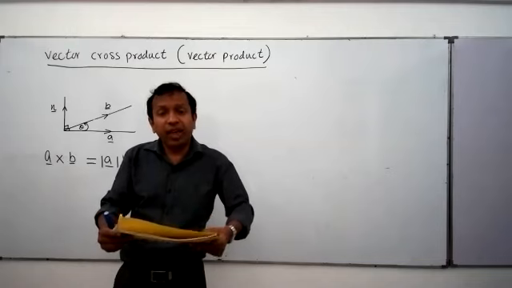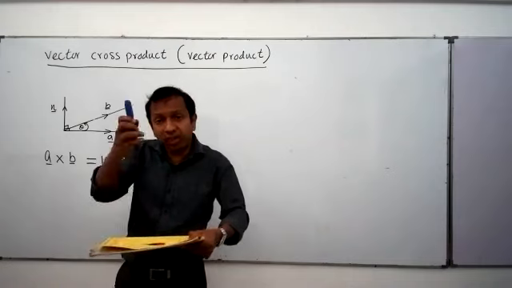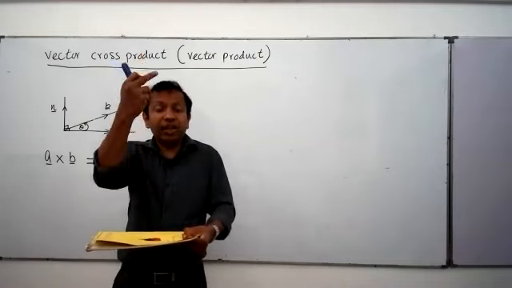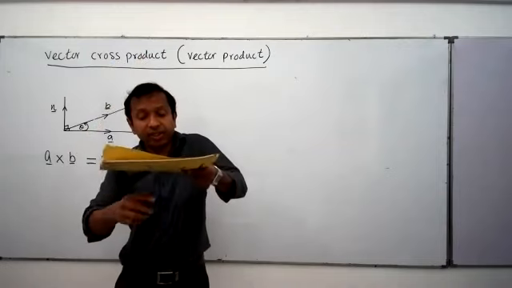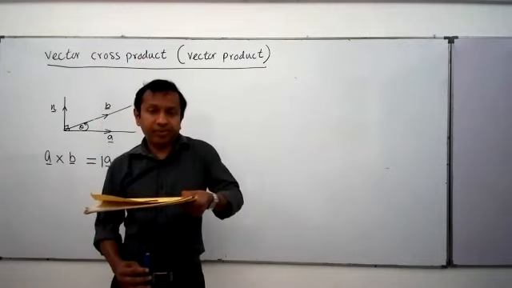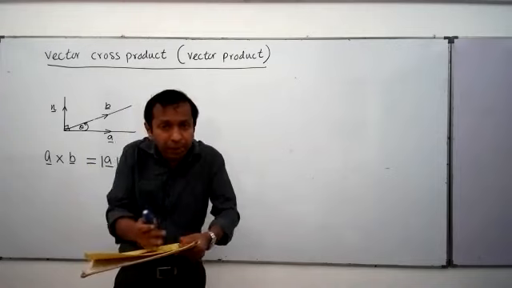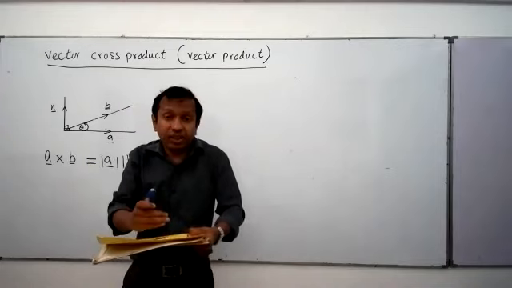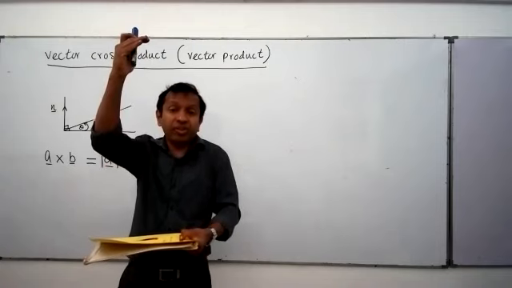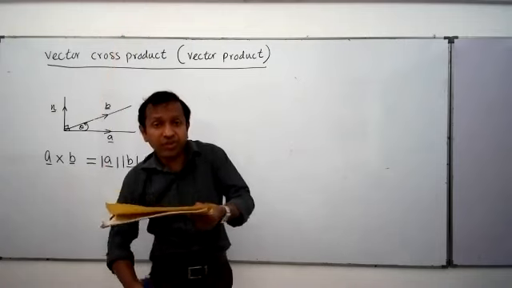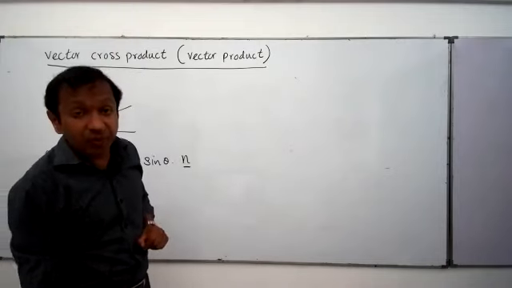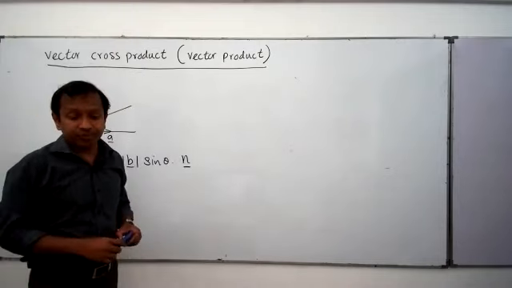Perpendicular means the angle between the surface of the book and the pen is 90. One direction is the upward direction perpendicular. Similarly, people, we can take the downward direction. Therefore, perpendicular to this surface of the book, there are two perpendicular directions: upward direction from the plane, downward direction from the plane. That direction also, people, we define like this.